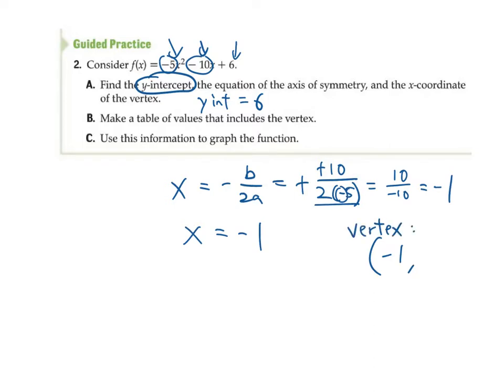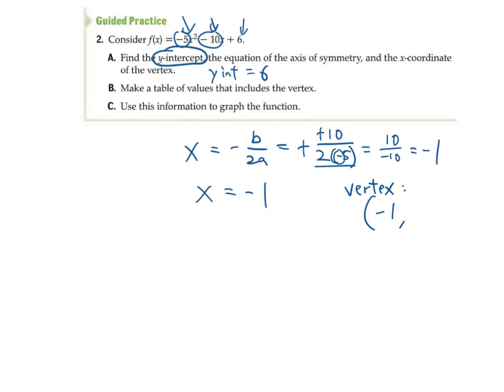Now, to find the values that include the vertex, I will do a t-table, t-chart. So I want my vertex to be in the middle. I will go up maybe 2 units. I will also go the other direction 2 units. So first, let's plug in negative 1 into the original function.